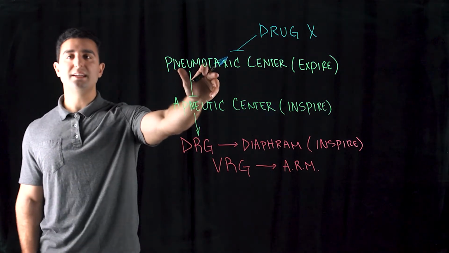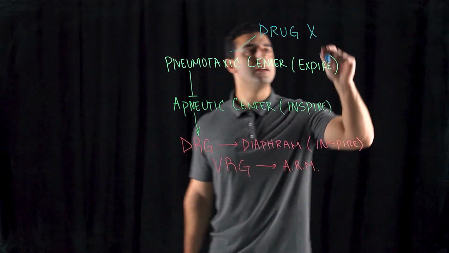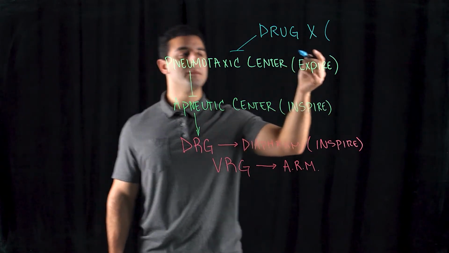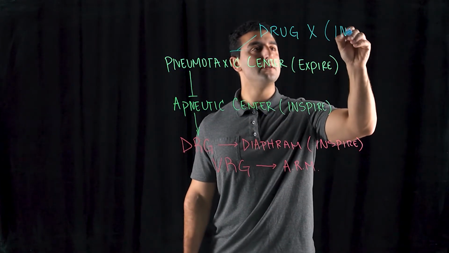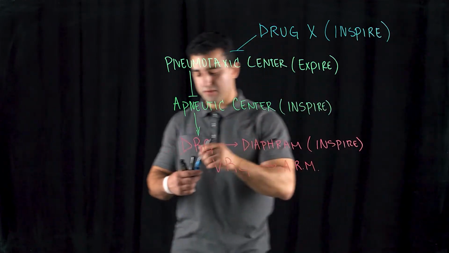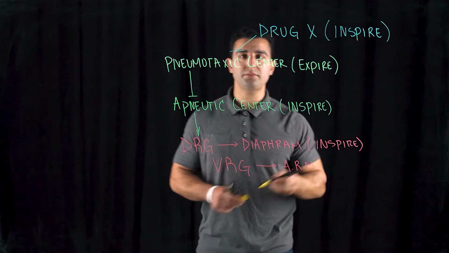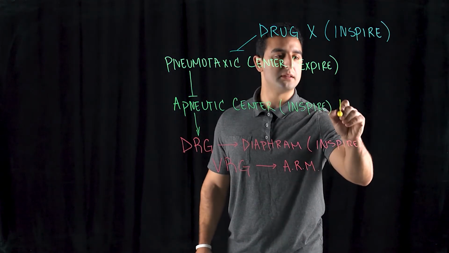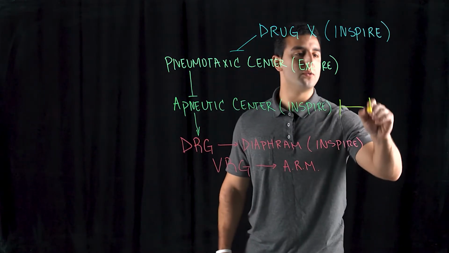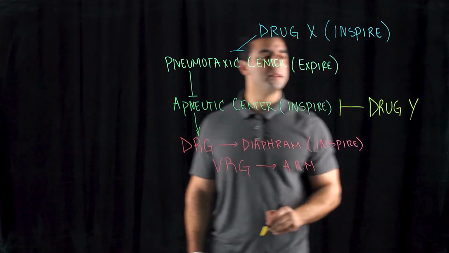What do you think? It would lead to inspiration. Vice versa, if I have another drug, let's do it in yellow, drug Y, that inhibits the apneustic center, what do you think happens?